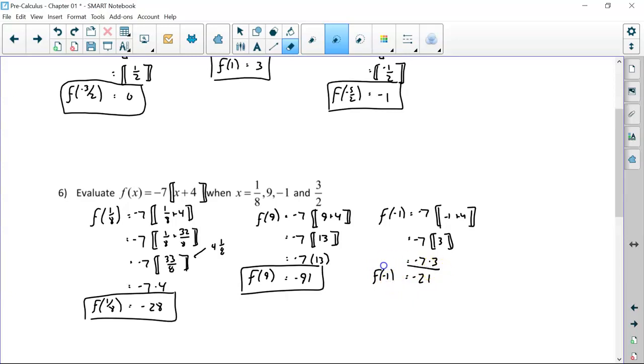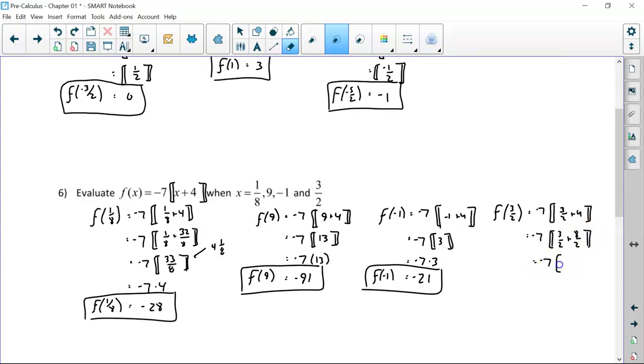And then we'll finish off this section with a fraction. So f of 3 halves, negative 7 times the greatest integer of 3 halves plus 4. Negative 7, and it's going to be 3 halves plus 4 over 1, which is 8 over 2.